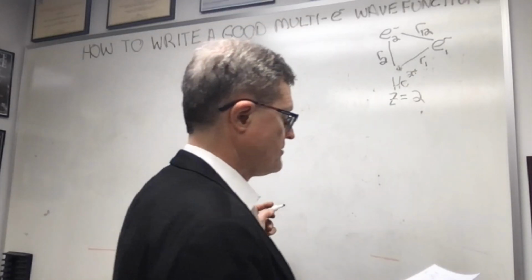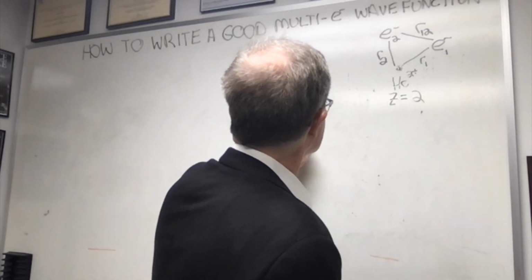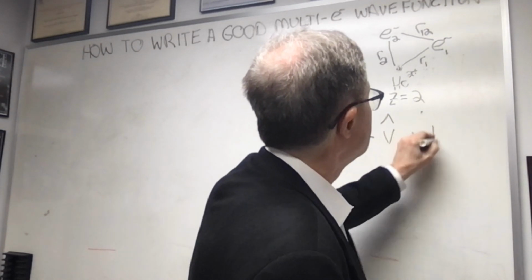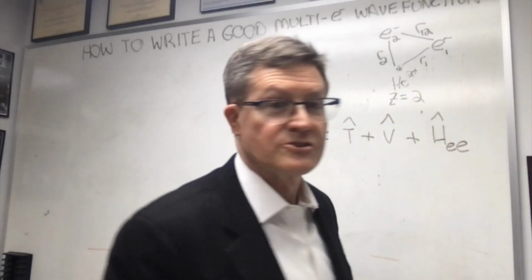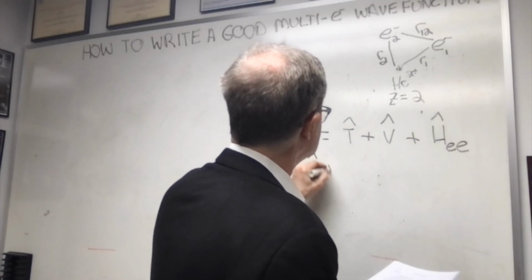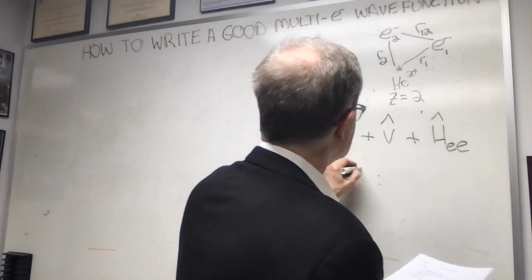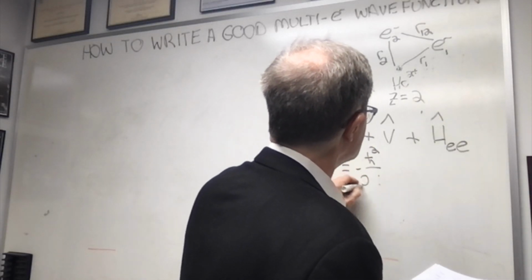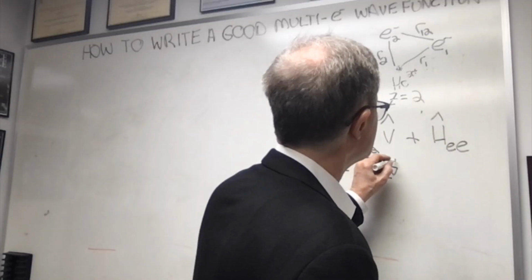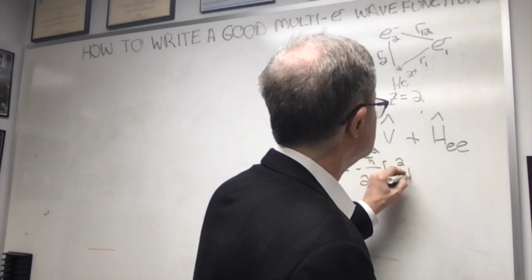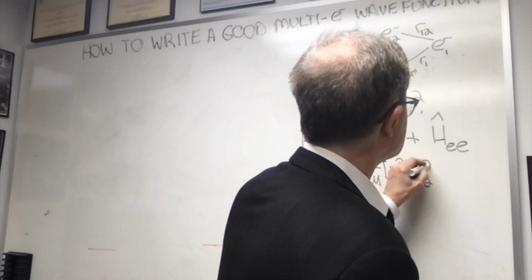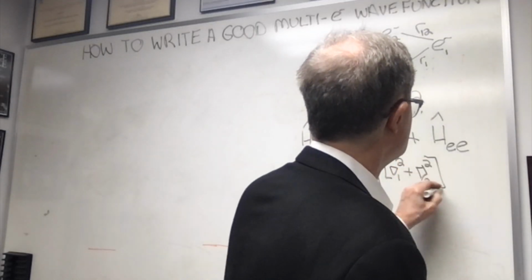Okay, so our Hamiltonian, as I said, is composed of a kinetic energy term, a potential energy term, and then this electron-electron repulsion term as well. For the kinetic energy and potential energy, right, minus h bar squared over 2 mu, put the reduced mass in there, and then there's a second derivative with respect to the coordinates of electron 1, a second derivative with respect to the coordinates of electron 2, right?